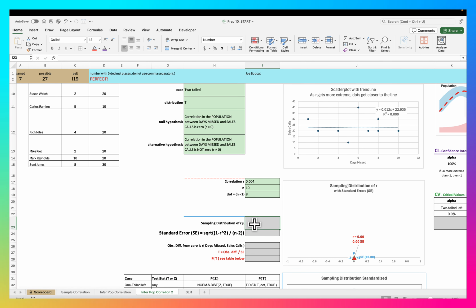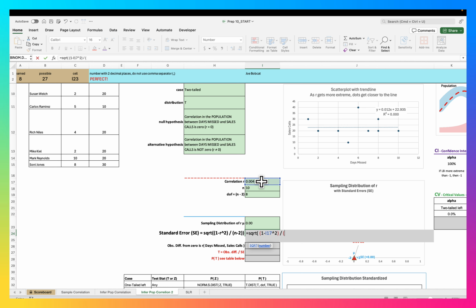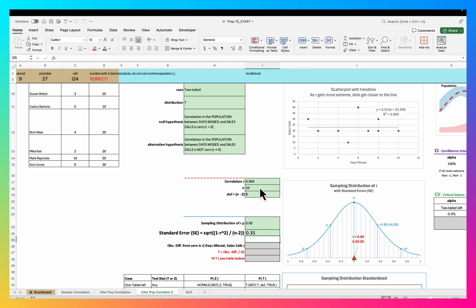All right, the sampling distribution of R, the mu, would be that it's 0. And then the standard error is going to be equal to the square root of 1 minus R squared, divided by n minus 2, which, as I mentioned before, is really just the degrees of freedom, 0.35.